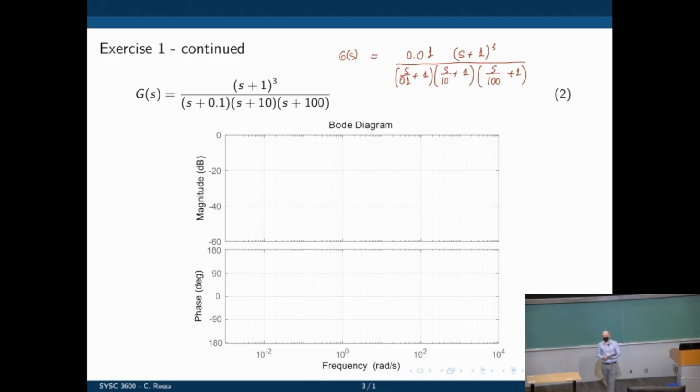So what do we have here? We have 3 poles and we have 3 zeros. The cutoff frequencies are 1, 0.1, 10, and 100. So let's write them down here.